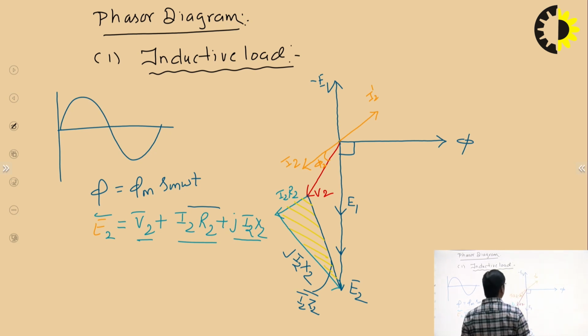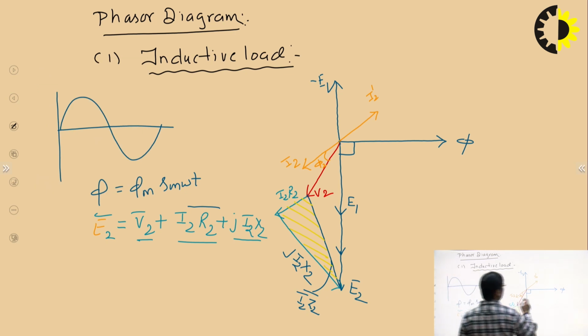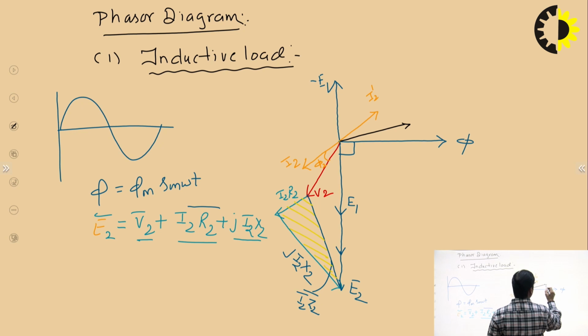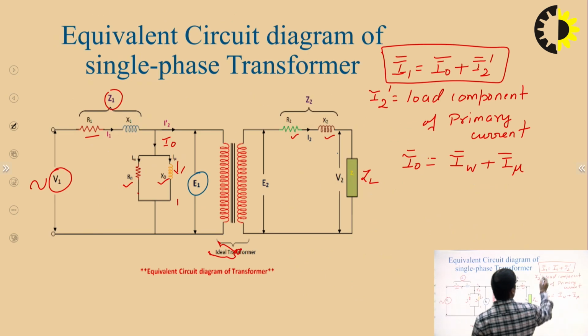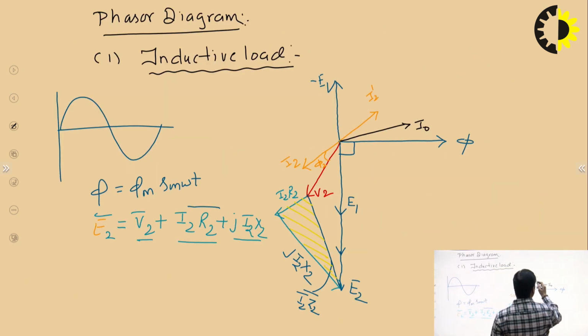And we have the I0, the no load current, and the no load current is like this. So the primary current I1 is given by I0 plus I2 dash. It is a phasor sum of I0 and I2 dash.